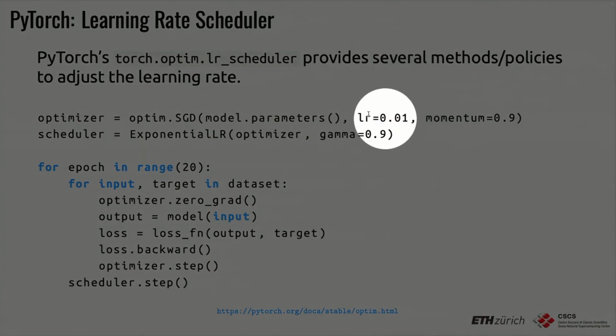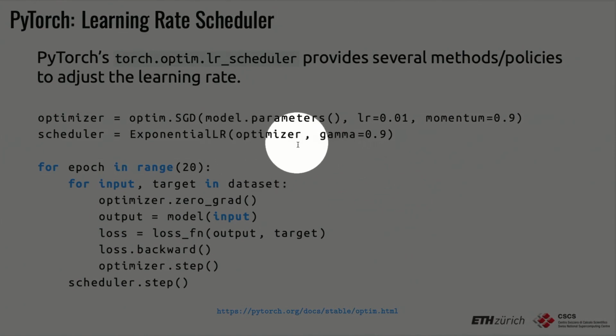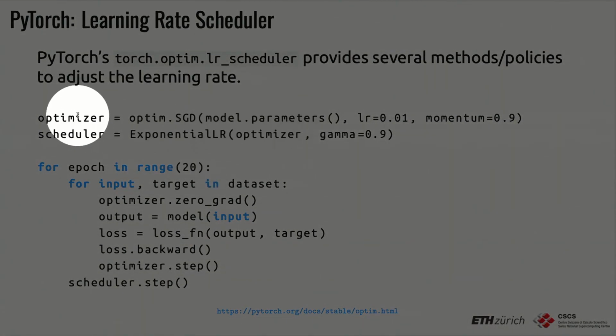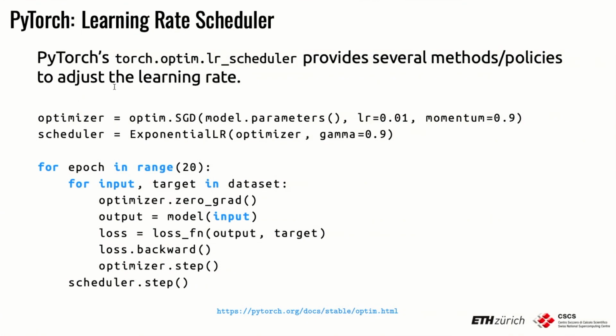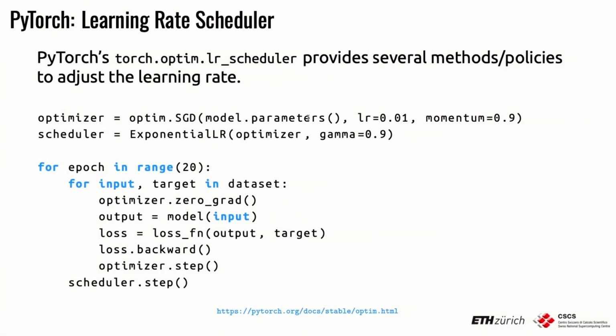This is the initial learning rate that you start with. Momentum we will discuss in a bit. And then you can define this exponential learning rate scheduler, which is linked to your optimizer because it has to know which optimizer it has to change the learning rate of. And then the gamma parameter is your exponential decay parameter.